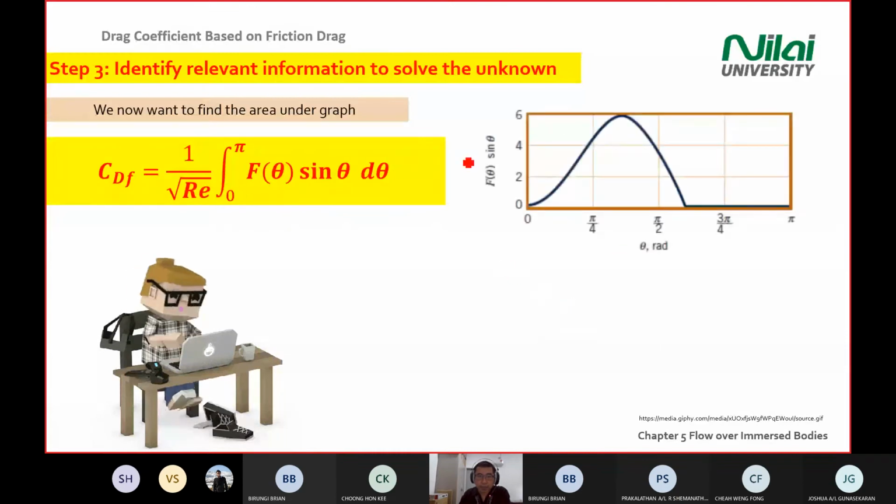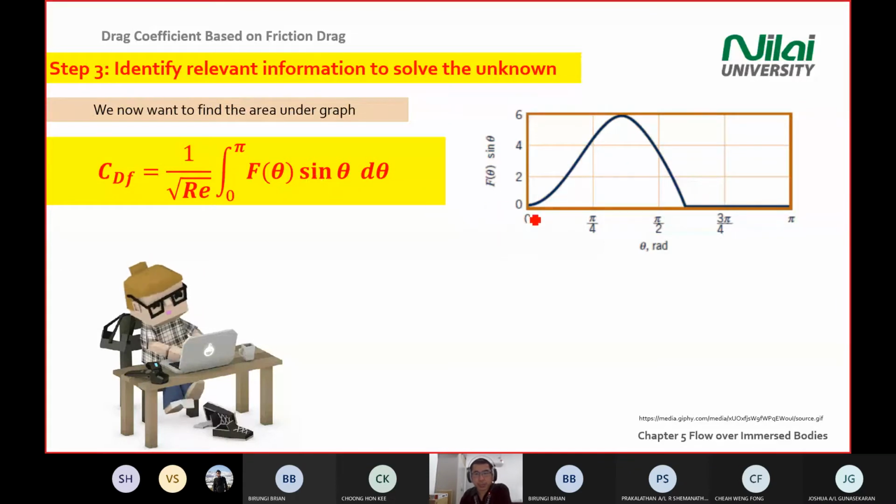Again, you plot this using Excel, or you can use an online graph plotter. Key in the data to plot this kind of chart, to calculate the value.